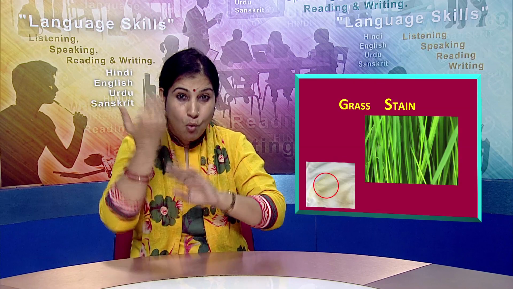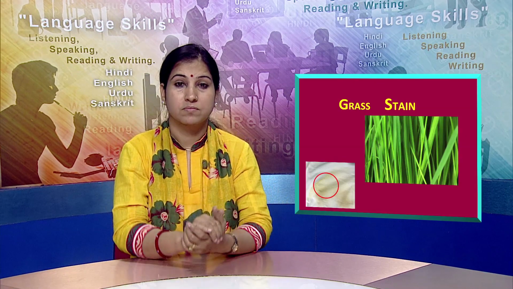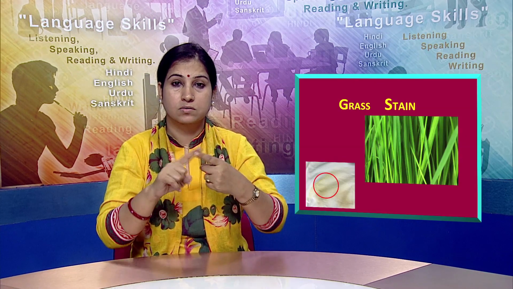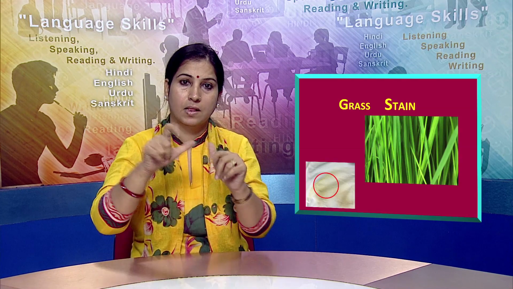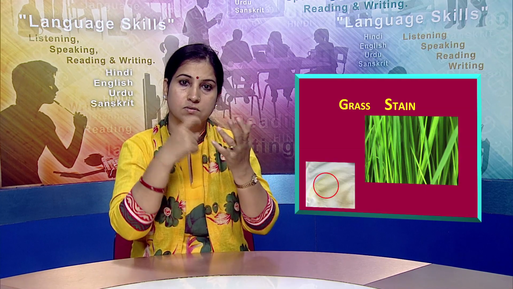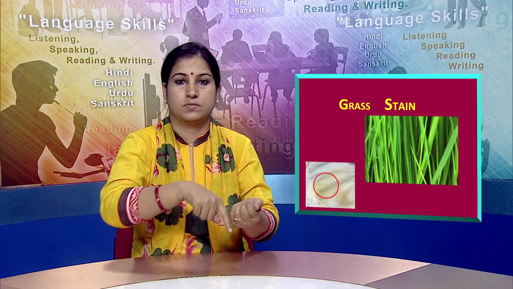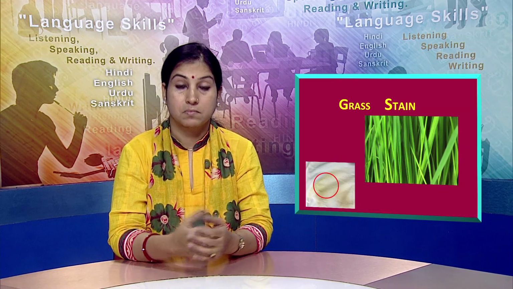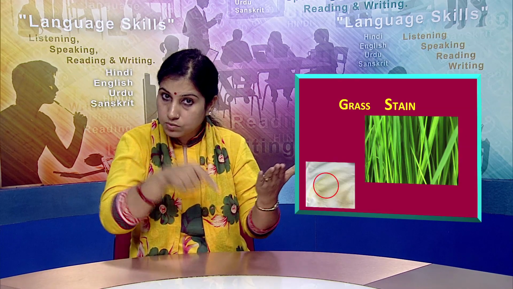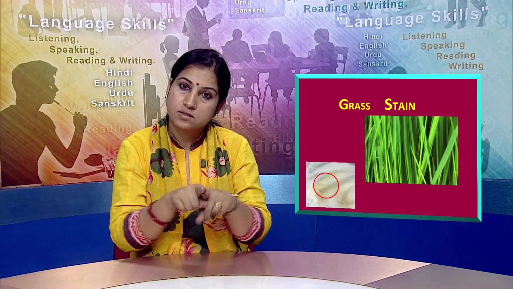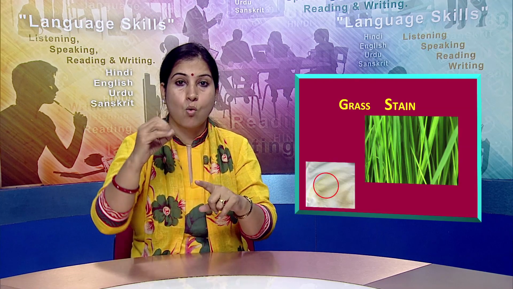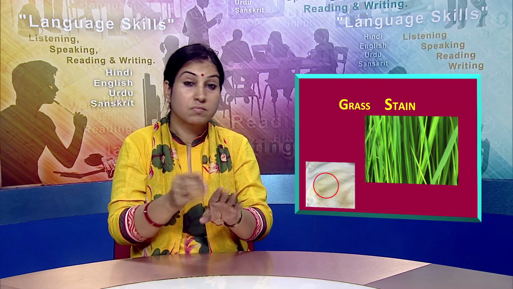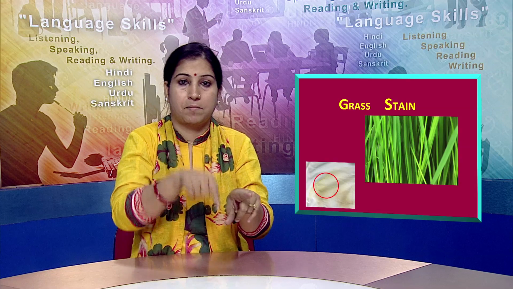If the stain is old, sponge the stain portion with methylated spirit. In case of colored cotton clothes, the same procedure is applied for both fresh and old stain as applied in white cotton cloth.